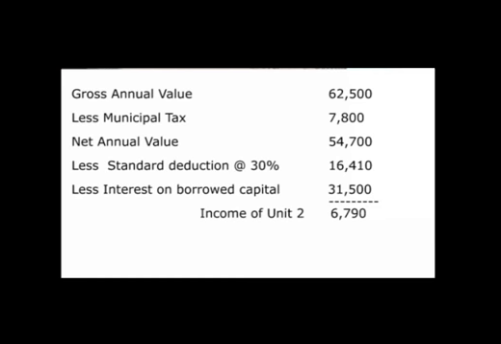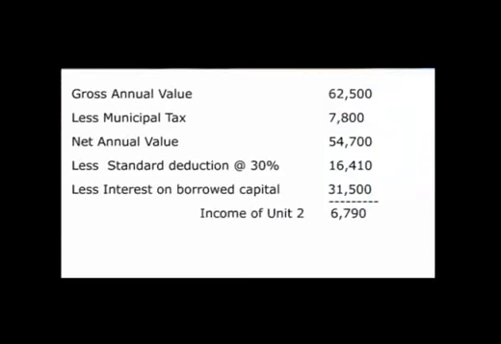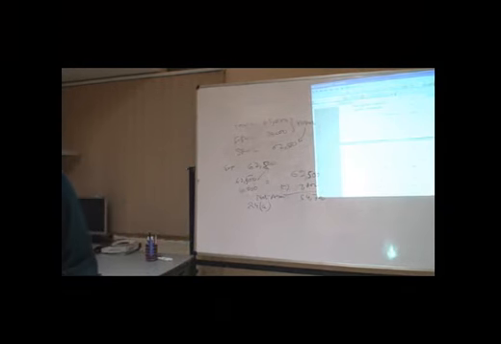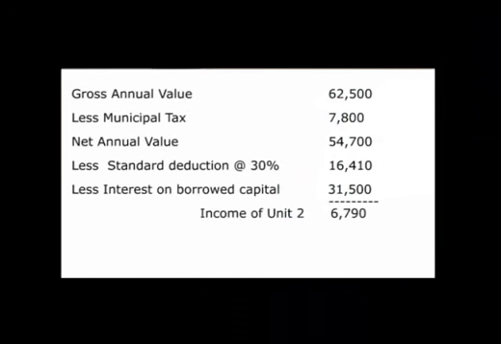The owner is eligible for a 30% statutory deduction, which is applicable under section 24A of the Act. The standard deduction comes to 16,410. Interest on borrowed capital is 31,500. However, in our self-occupied property, we deducted 30,000 only, because the maximum eligible deduction for the self-occupied property in respect of the interest is 30,000 or 1,50,000.